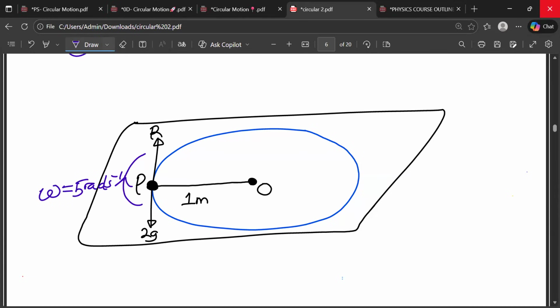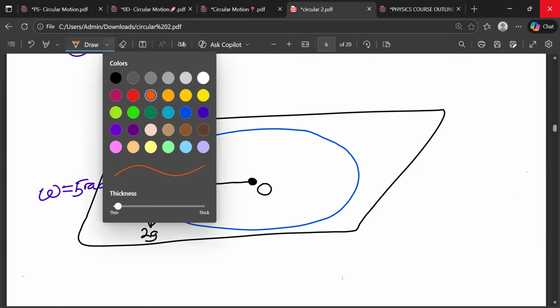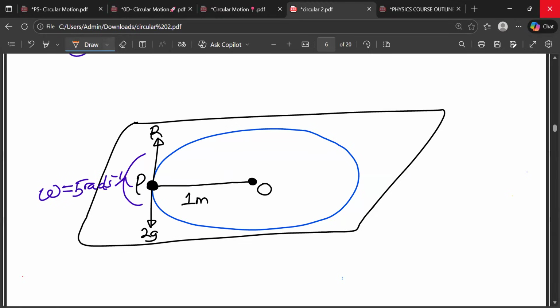But remember, they are going to ask you for things like tension and so on and so forth. So you can come here and say, our tension will look there, and it's what will provide the centripetal force. On top of that, you can even come and show your radius. Remember, you already know it's 1, but you come there and show that my radius is 1 meter, SI unit meters. And after that, I believe you're good to go. That is enough. Don't show other things.